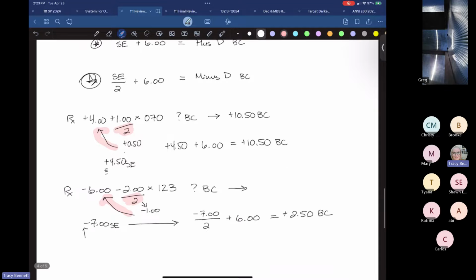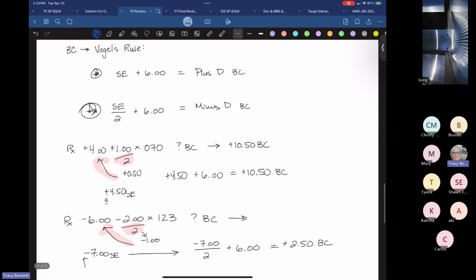Yeah, and the minus one, I talked a little bit about it in class, but this one feels the weirdest when you're doing it for minus lenses because you literally just got done dividing by 2. So it feels like you're doing it twice, but you have to, because the spherical equivalent is divided by 2.